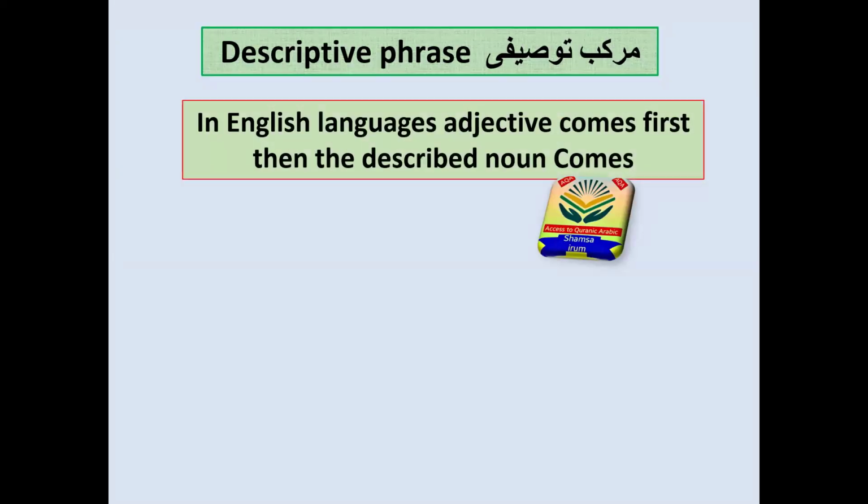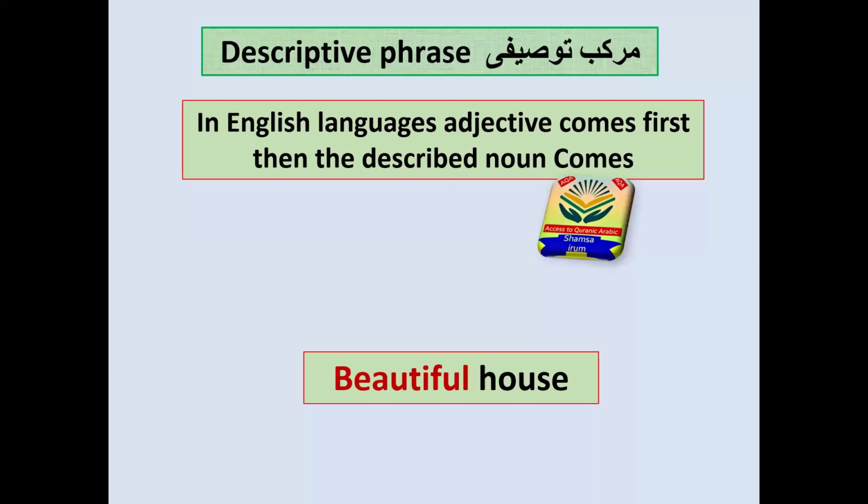In our English language, the adjective comes first, then the described noun comes, like beautiful house. In this one, look, the adjective, which describes, came first, but house is a mawsuf. It comes after the adjective, after the sifa.